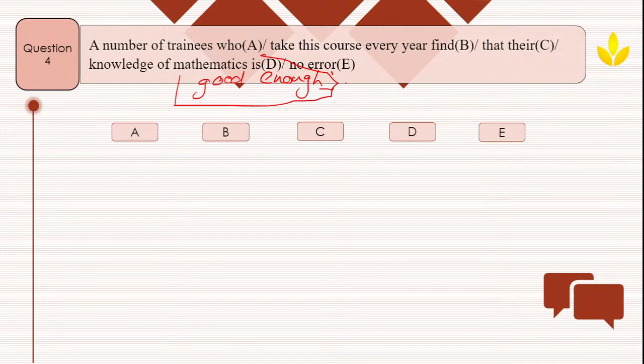Anybody else has found? So here you have to look at the number of rule. If somebody remembered it from subject verb agreement, you're good. I see there is no one in the chat. So let me just explain the answer so that you can go.